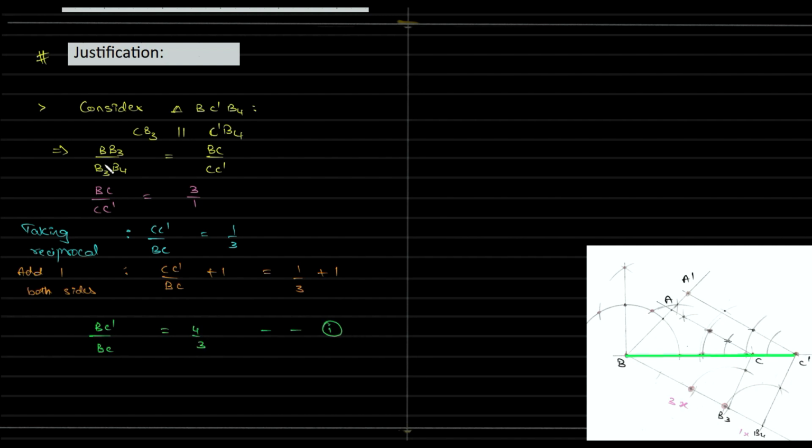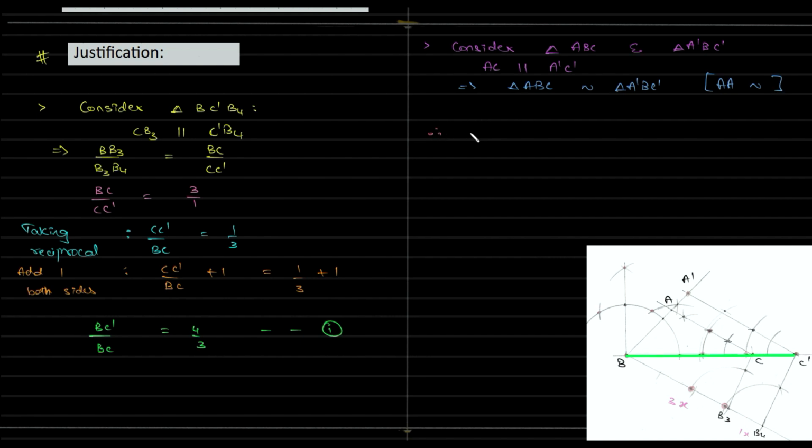That would be your first expression. Next is to prove that these two triangles are similar, and so we have the required ratio also. One expression we have already. One of the sides ratios is 4:3. It's just a matter of proving all the sides are of same ratio by proving that they are similar. Since triangle ABC and triangle A dash BC dash have AC which is parallel to A dash C dash, we can tell that triangle ABC is similar to triangle A dash BC dash by AA similarity criteria.